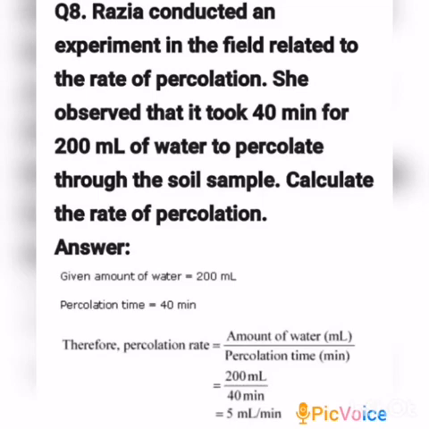Then question number 8, children. Razia conducted an experiment in the field related to the rate of percolation. She observed that it took 40 minutes for 200 ml of water to percolate through the soil sample.